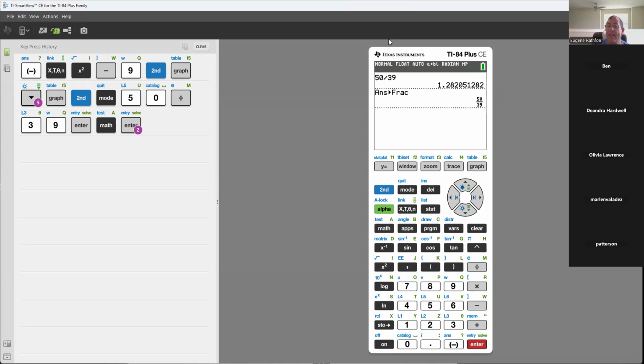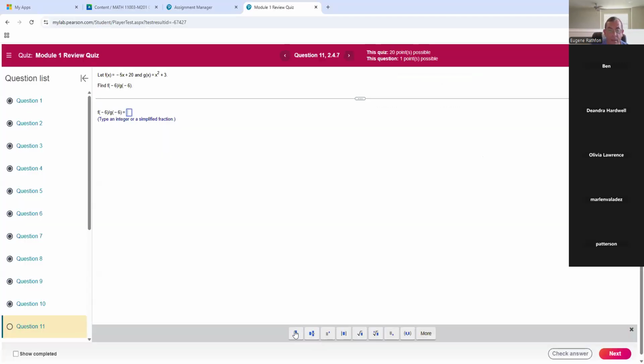So that tells me that fraction does not reduce. So y'all, I'm going to click in the blank, go to the fraction button down here, and put in my 50 on top and my 39 on the bottom. But y'all be careful. I have seen that one give people numbers that will reduce, okay?